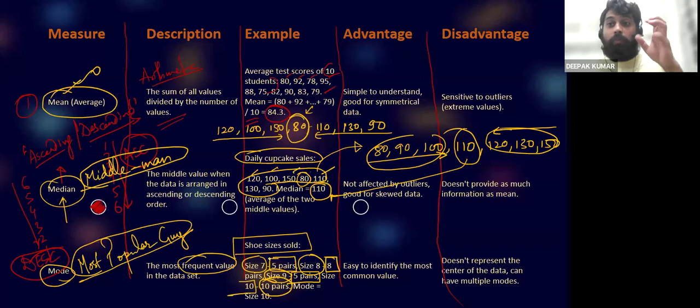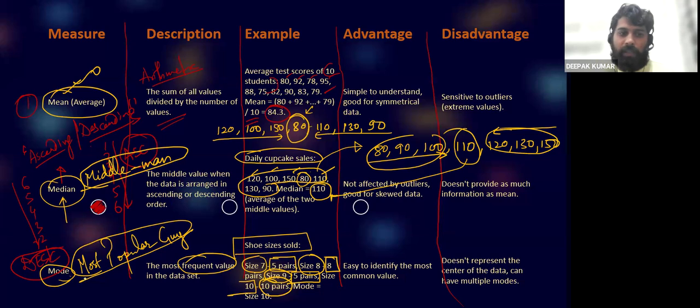So which is the most popular size in the shoe? 10, sir. 10, because it is sold most of the time. Yes, very good. It is purchased by so many people, or most of the people in a given data set. So this is very simple.